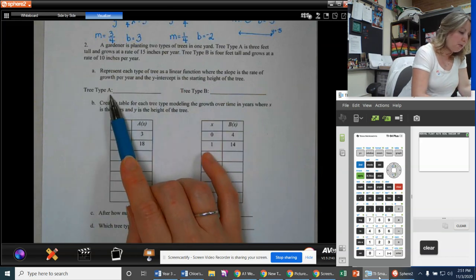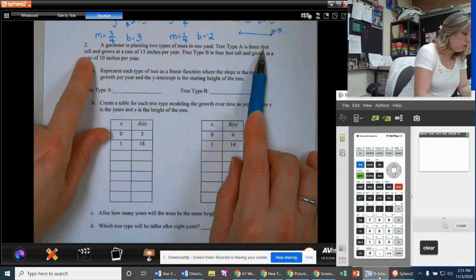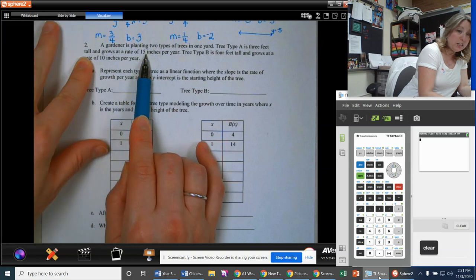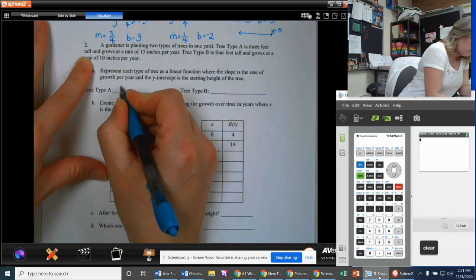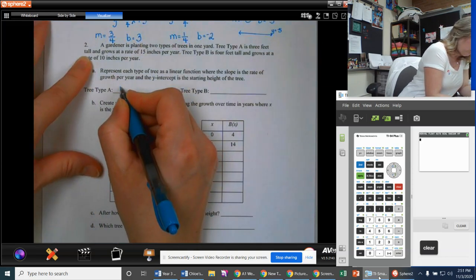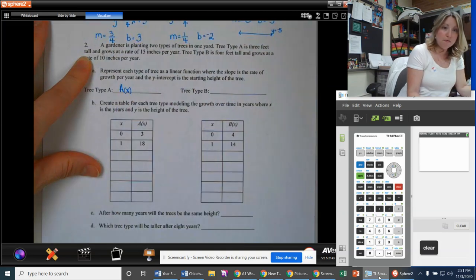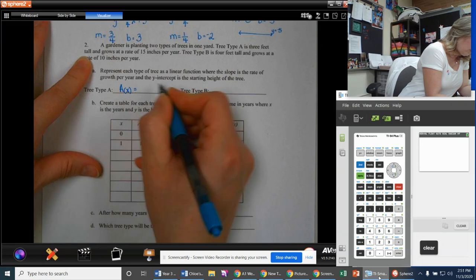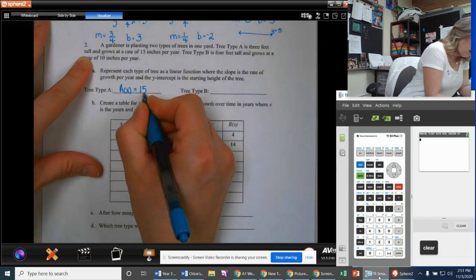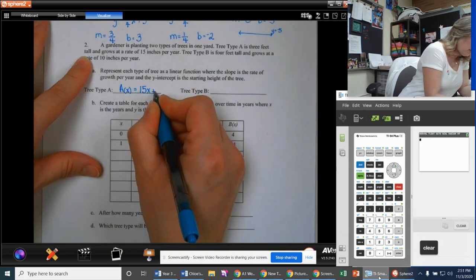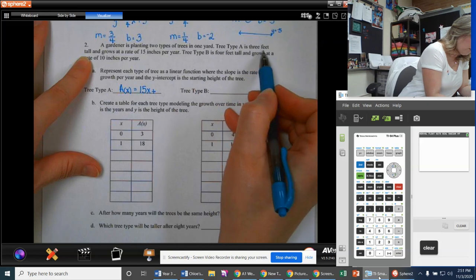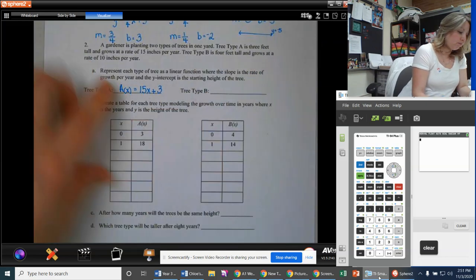So tree type A, 3 feet tall, grows at a rate of 15 inches per year. So that would be, let's do A of x to name our function A, equals 15x plus, where did we start? 3 feet? 3.